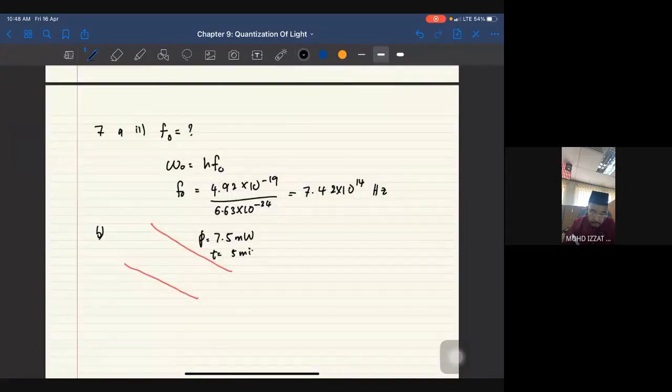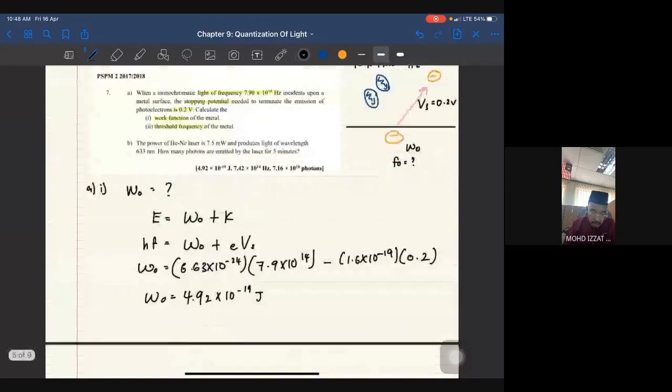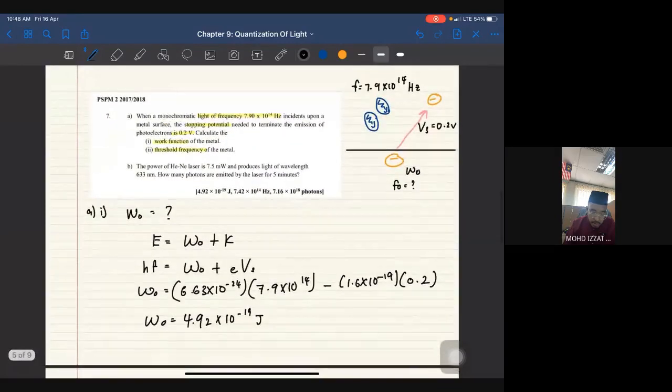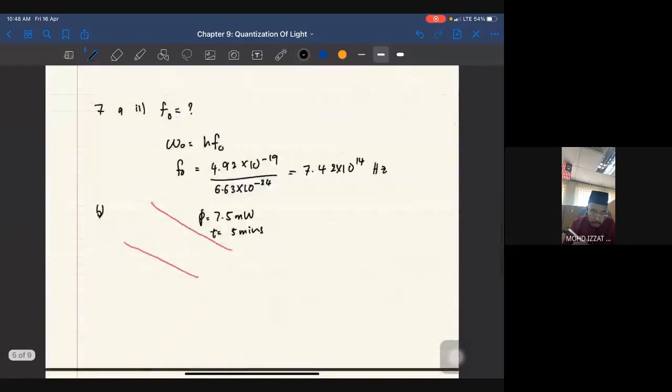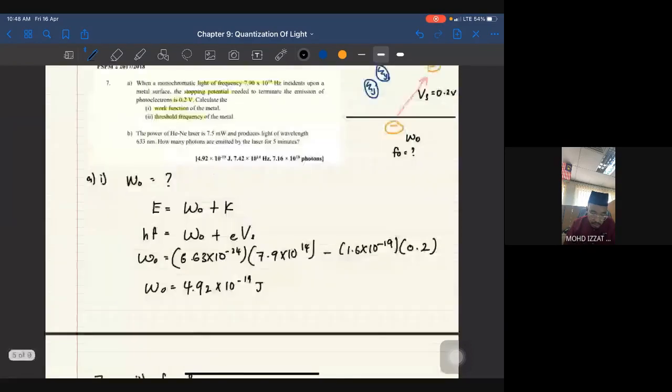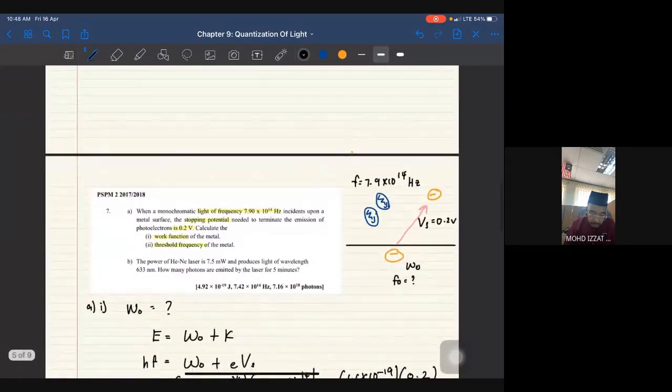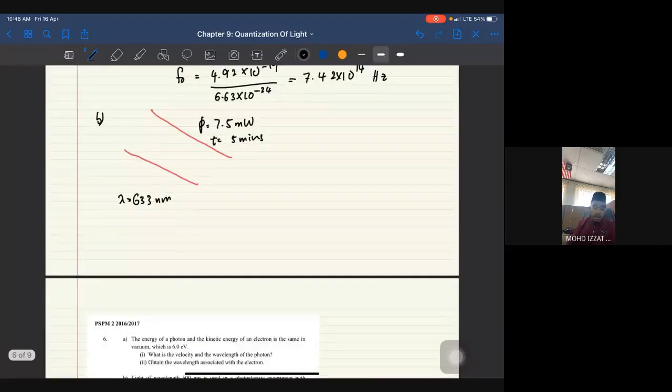And the wavelength is 633 nanometer. Double check the values. Okay, seems tally. Okay, so this is basically your laser beam.